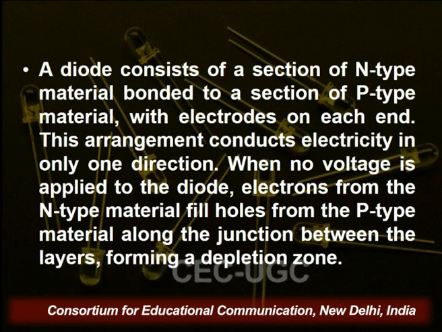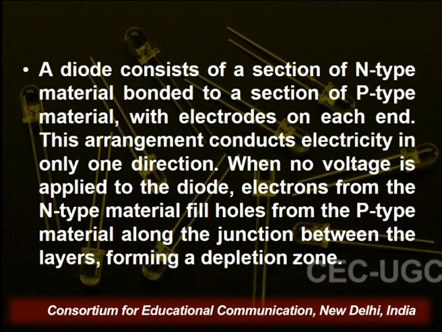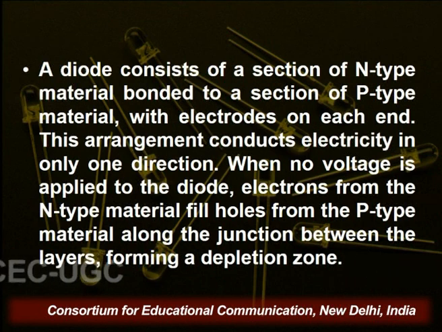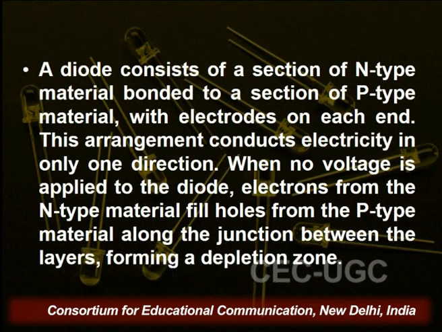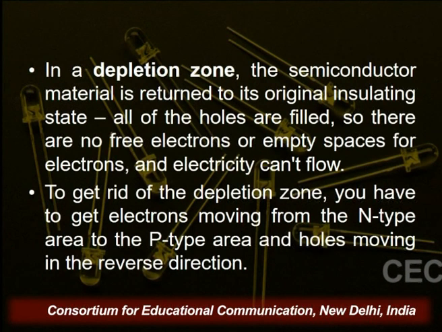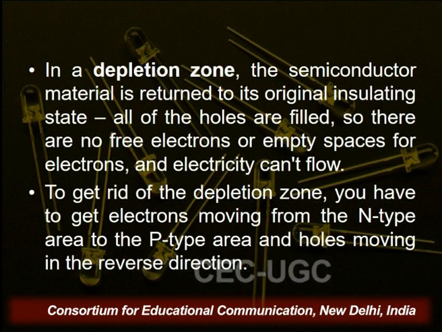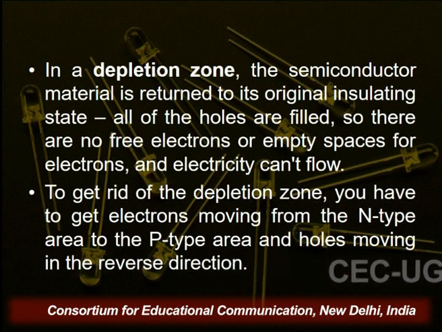The electrons will be in the N type and the holes in the P type, with a junction between these layers. That layer is the depletion layer, also called the depletion zone. In this depletion zone, the semiconductor material returns to its original insulating state.